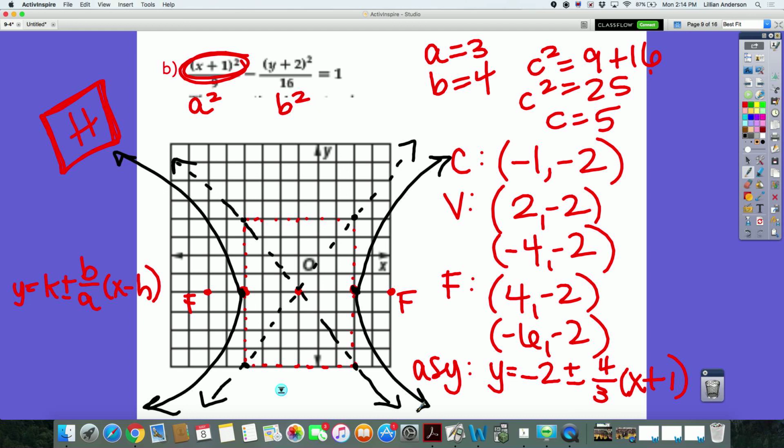The length of our transverse axis is going to be 6, so from vertex to vertex should be 6 units, which it is. And our conjugate axis from co-vertex to co-vertex should be a total of 8 because we double 4, which it is. I'm just showing you that so you don't forget about those.